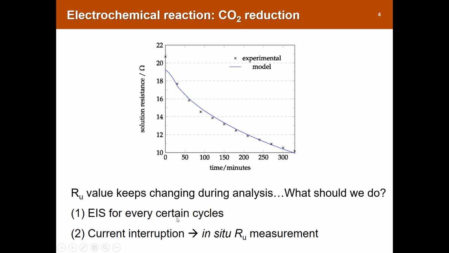As I said before, the current interruption method does measure the RU during the electrochemical analysis. So it can track in situ how the RU value changes during the electrochemical analysis. So we can choose either current interruption mode or conduct the impedance analysis every certain cycles.